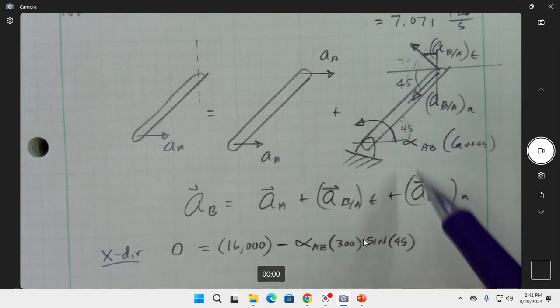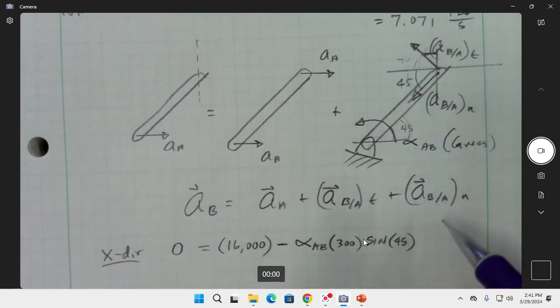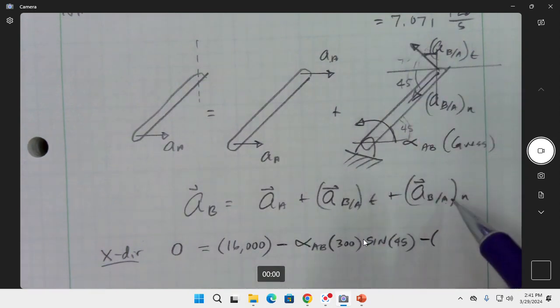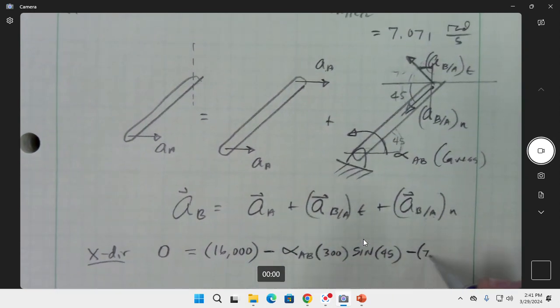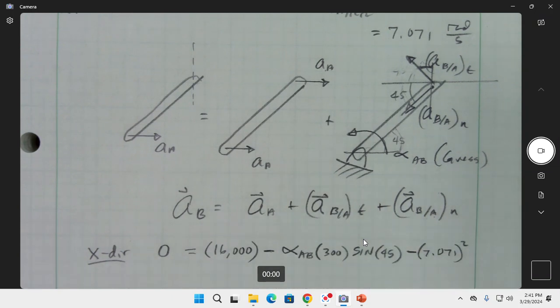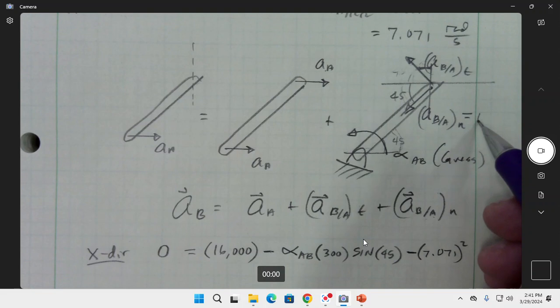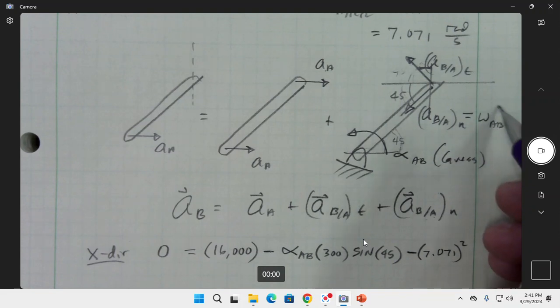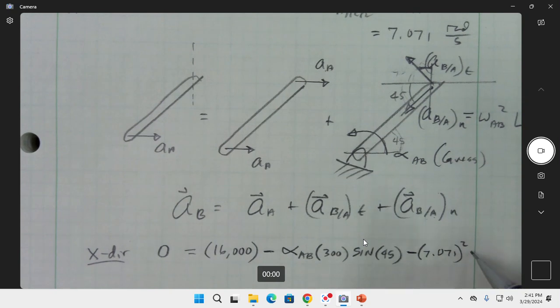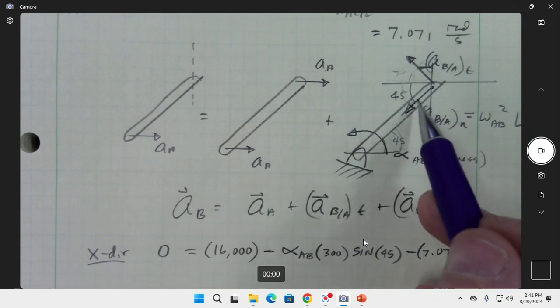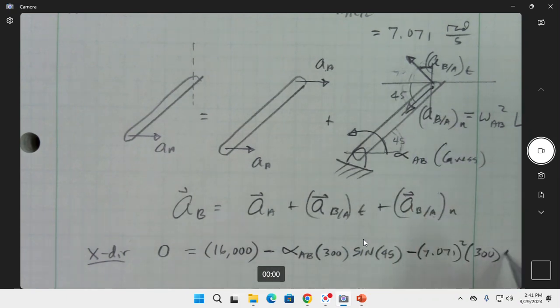And then this component is going to be negative omega squared, so 7.071 squared. Probably should have written that down somewhere. Maybe I could just write it right here. Omega AB squared L AB times L AB is 300, and notably it's going to be cosine of 45.